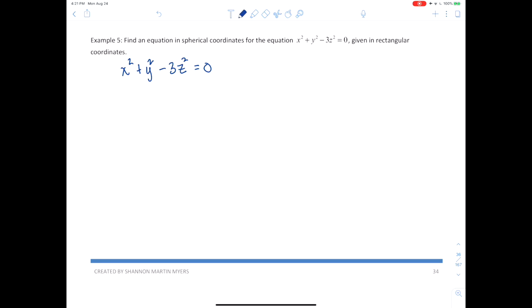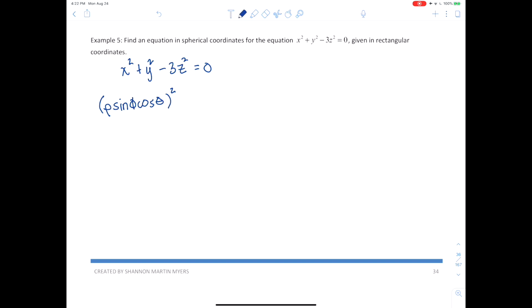Well, what do we know about what these things are equal to? X is equal to, you can look back at your page if you need to, but remember that x was equal to rho sine phi cosine theta, but we're squaring it, so that would be squared.